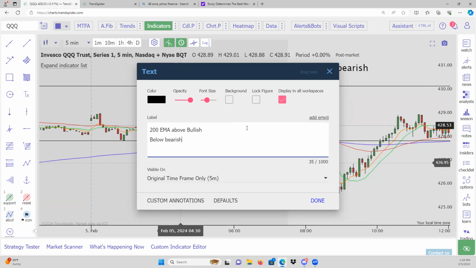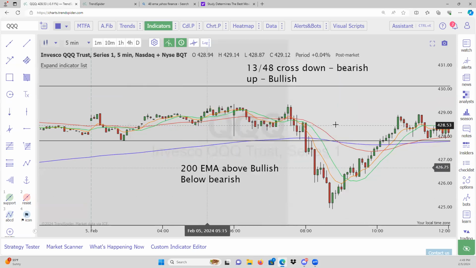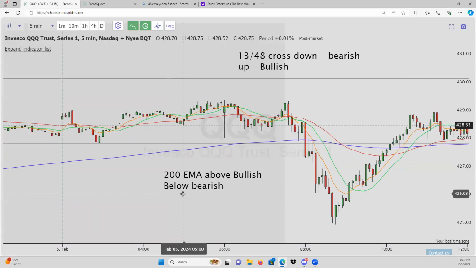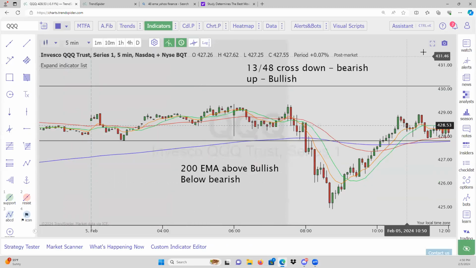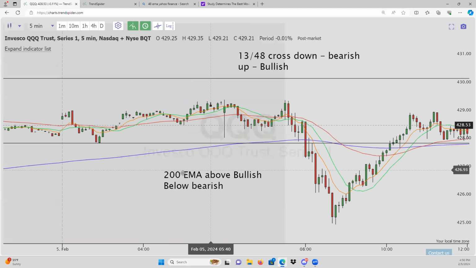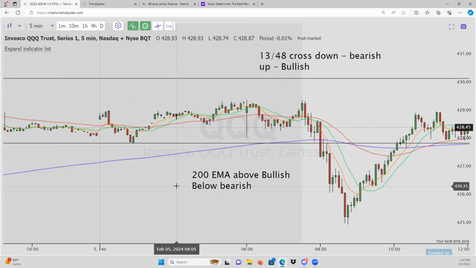So now the next question you guys are going to have, why do you use the EMA versus the SMA, right? We have the exponential moving average and we have a simple moving average. So why do I use the 200 when I am day trading versus like the 200 SMA, the simple moving average, when we're on like the daily time frames? Well, the exponential moving average is going to show you an average based on the most recent price action.